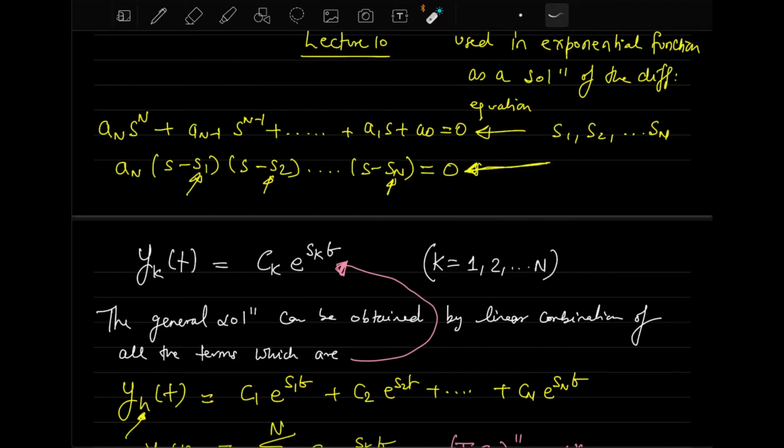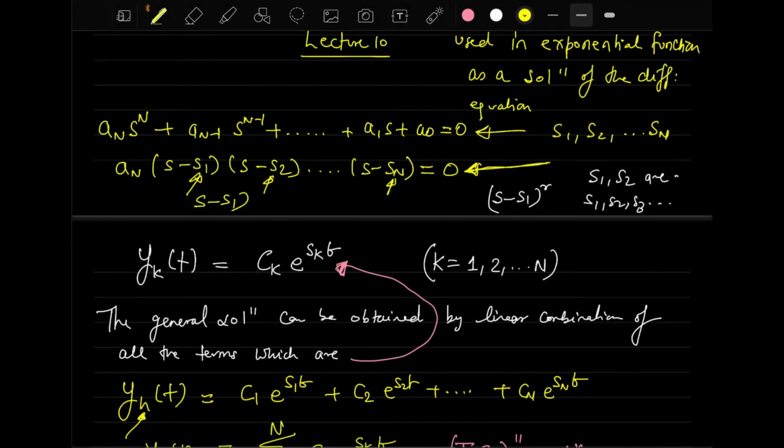So the second case which we are discussing now is that in which s1, s2 are the same, or s1, s2, s3 are the same. Let us say r roots are the same, so you have (s minus s1) to the power r. We have r such terms which are the same, so you can group them together. The rest of them will be here, like (s minus s5), equal to 0.